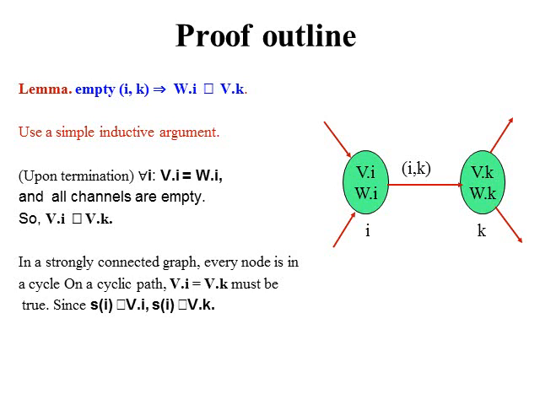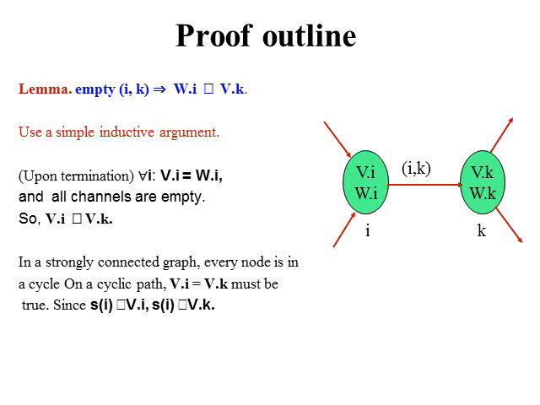Now let's go back to the assumption we made for the algorithm. The first assumption was that the graph we are looking at is a strongly connected graph. So every process is connected to every other process.